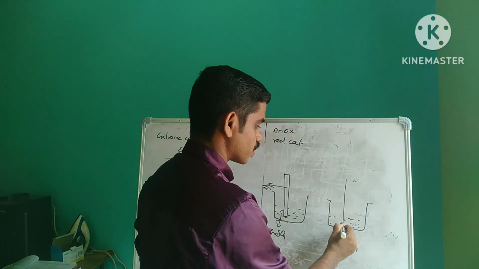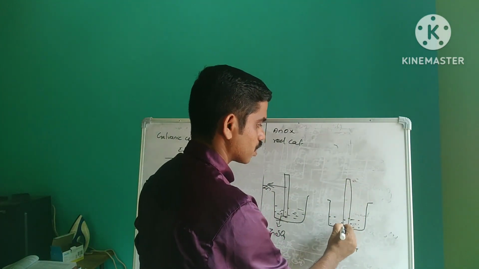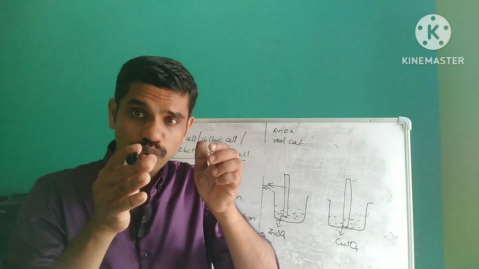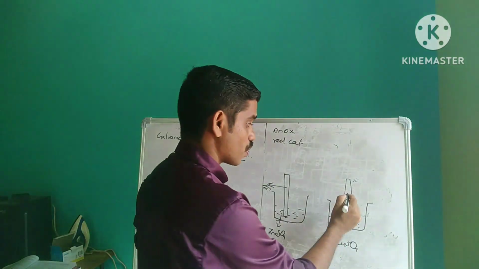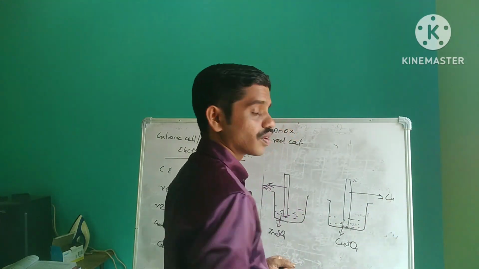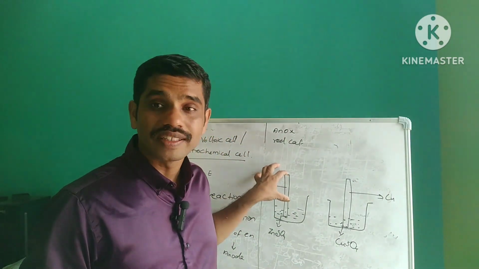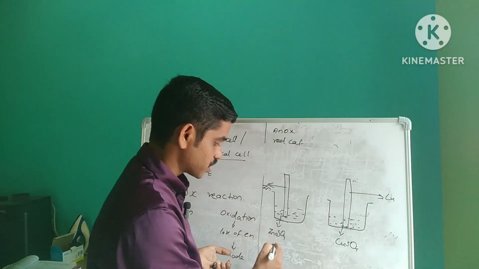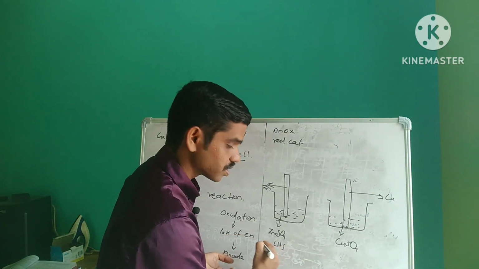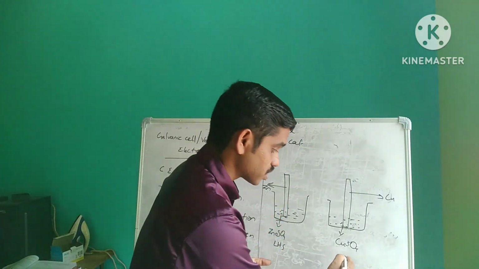In copper sulfate solution, dip one copper rod. Now this part on the left hand side, LHS, and this is the right hand side.